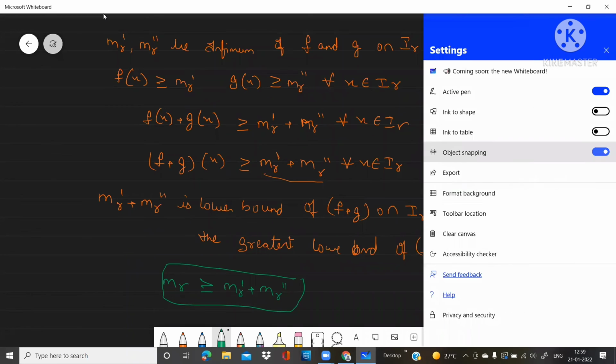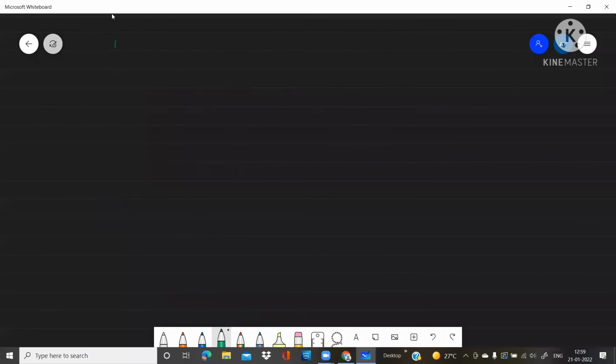Now we will be talking about the second bit. What does the second bit say? L(P, f plus g). How is this defined? Summation r equals 1 to n of small m_r into delta r. So this is greater than or equal to summation r equals 1 to n of (m_r' plus m_r'') into delta r.